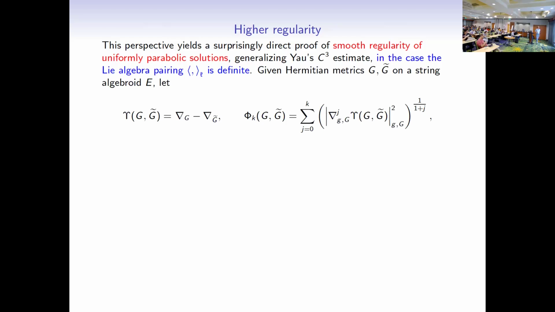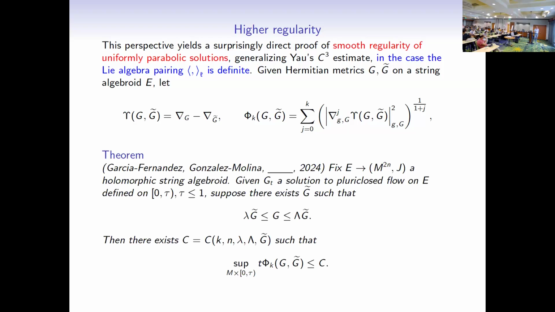So, given two Hermitian metrics on this vector bundle, this string algebroid, I'll let epsilon denote the difference of their Chern connections. And then this phi quantity is just some sort of scale invariant C^{k+1} norm of the metric G. You just take the Chern connection and its derivatives scaled appropriately, some scale invariant C^k norm.